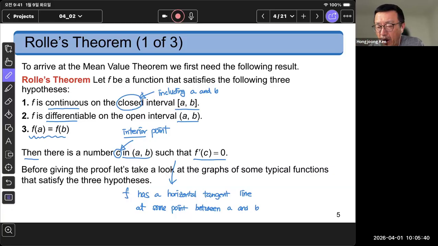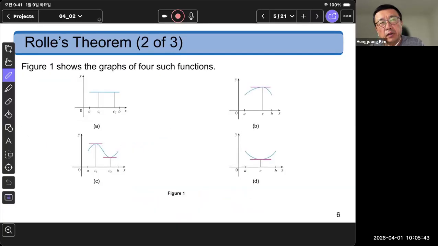And if we look at the graphs of several functions, this claim is simple. If you look at these four examples, four different types of functions, all four are continuous from A to B, including the endpoints, and differentiable at every point on that interval except the two endpoints. Then, as you can see, you have a horizontal tangent line at some point in the middle. Here at C in B, your tangent line is horizontal.